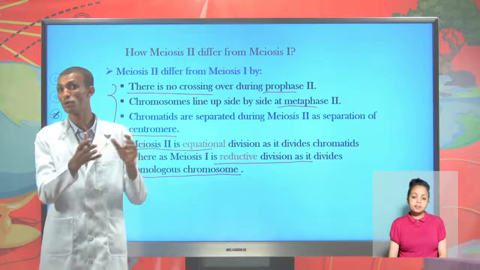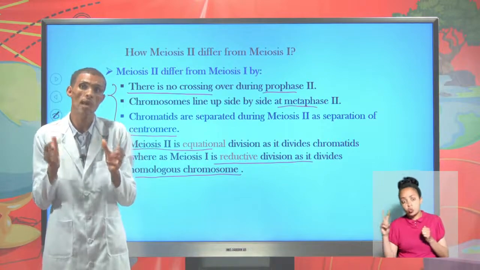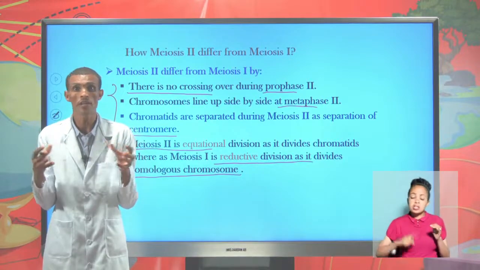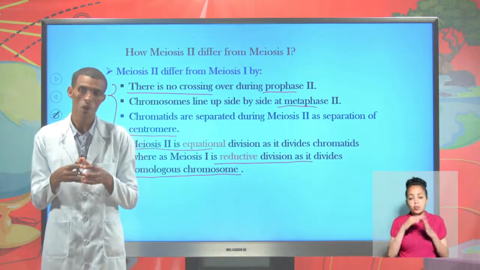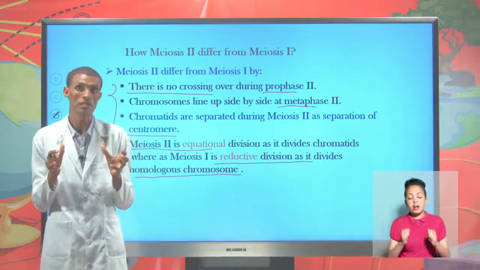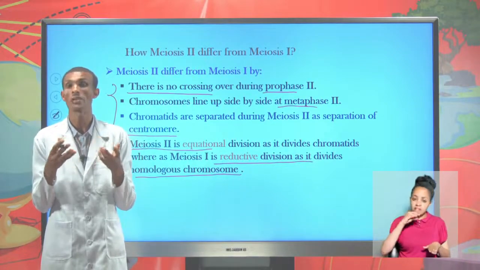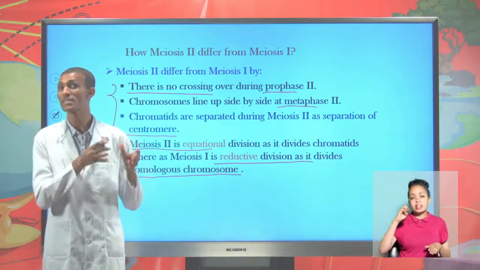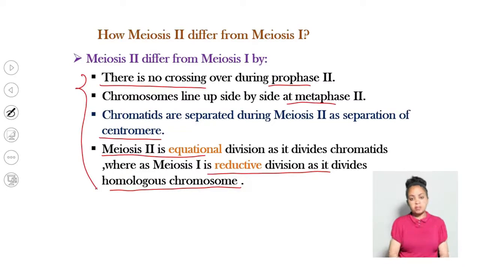But both meiosis I and meiosis II take place in an organism that produces sex cells, gamete-producing cells, where both have the same stages: prophase, metaphase, anaphase, and telophase. But different activities take place during meiosis I and meiosis II.